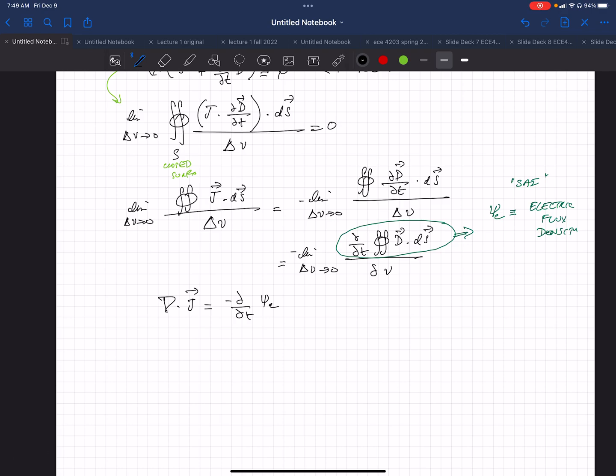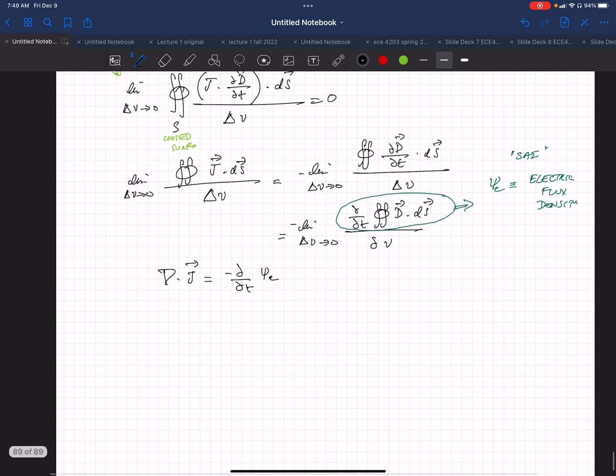This is what Maxwell came up with. And the good thing about this is that it's relating two things together, or it's saying that we have two types of electric current. So one is here. This is the current density.